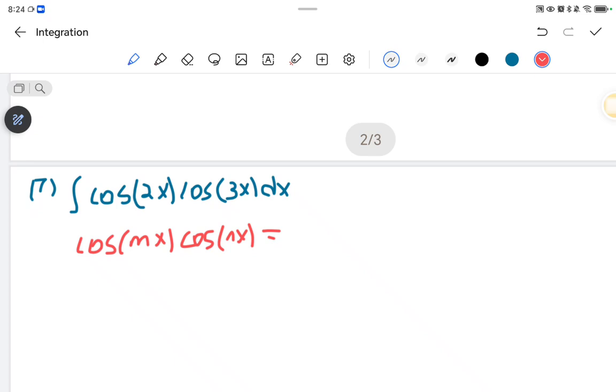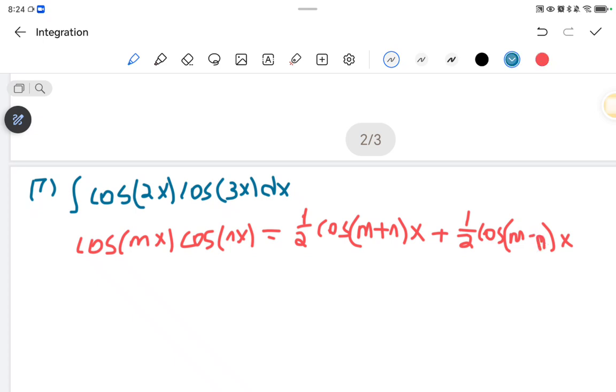So this will be 1 over 2 cos of m plus n x, plus cos of m minus n x. You see, right?